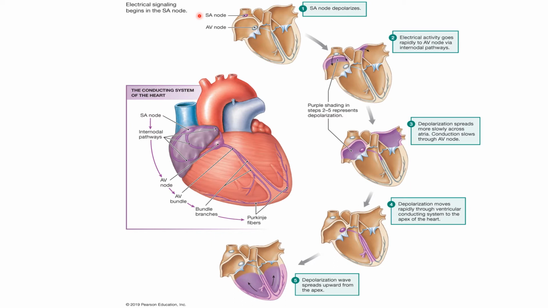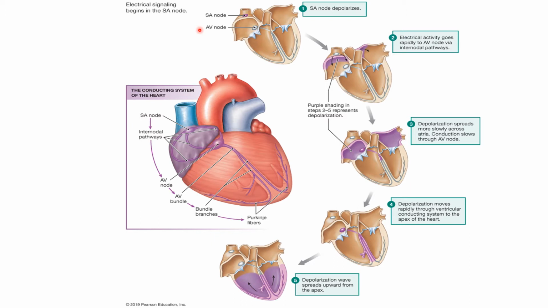Now, if your SA node, which is the one taking the lead, fails, then who's next? The AV node. So the AV node will take the lead, and it's going to set the pace of your heartbeat to around 50 beats per minute. As you can see, it's slower compared to the SA node.